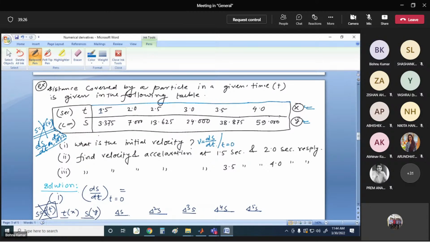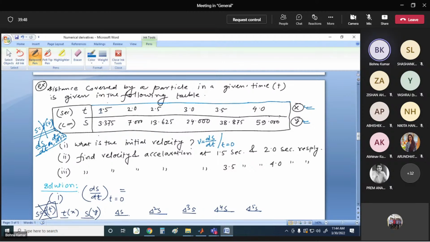Then what you have to do, as usual, with the help of Newton forward interpolation, you construct a polynomial. That polynomial s will be a function of t.